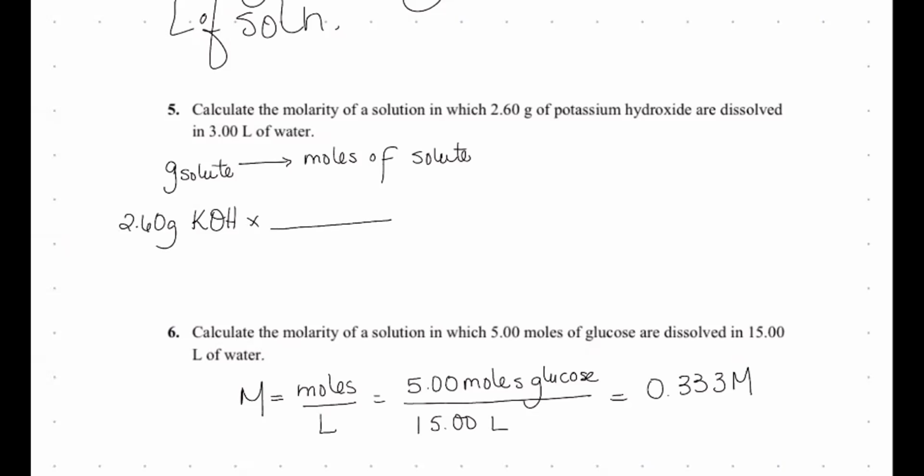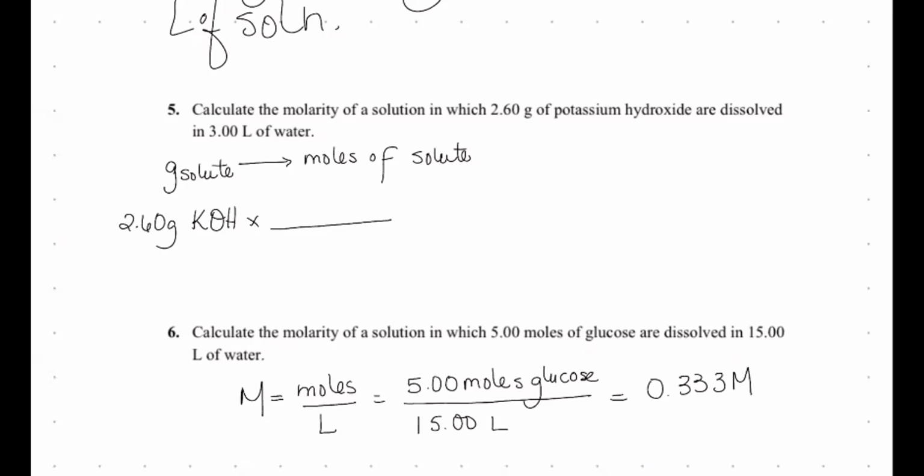So for this molar mass, we're going to take 1 potassium, and potassium is 39.0983, plus oxygen, which is 15.9994, plus 1.00794.